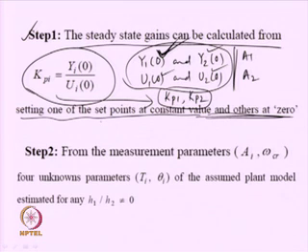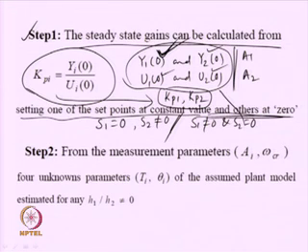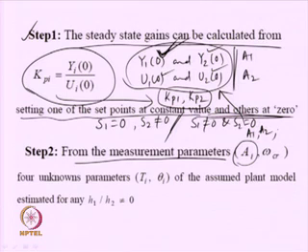Either S1 has to be 0 and S2 non-zero, or S1 non-zero and S2 equal to 0. Then you make the measurements of Y1 0, Y2 0, U1 0 and U2 0, and subsequently find the gains Kp1 and Kp2. Okay. Now, from the measurements of the peak amplitudes A1 and A2 and also the loop frequency omega CR.